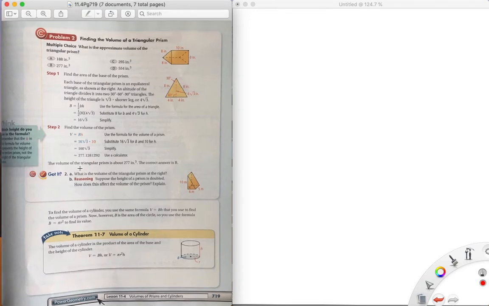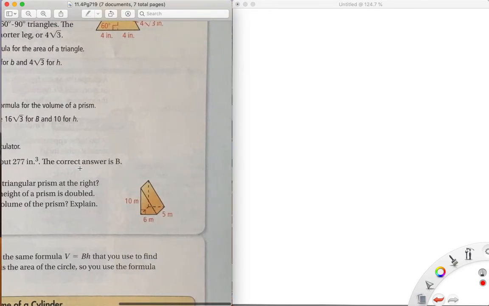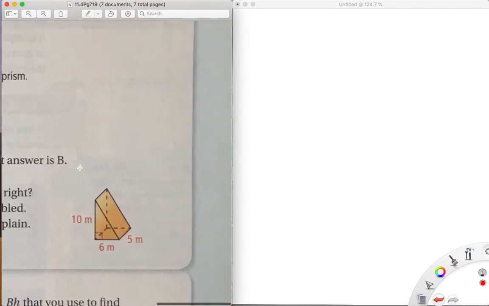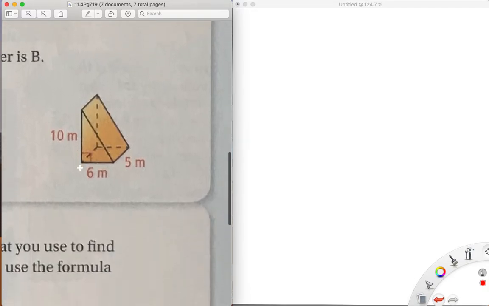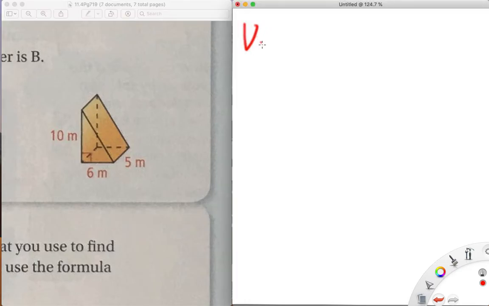When we talk about triangular prisms, the base is a triangle, and a couple of things are going on. There's like two bases and two heights. So the volume of a triangular prism is the same thing, area of the base times the height. But the equation for this base, since it's a triangle, is 1/2 the base times the height.